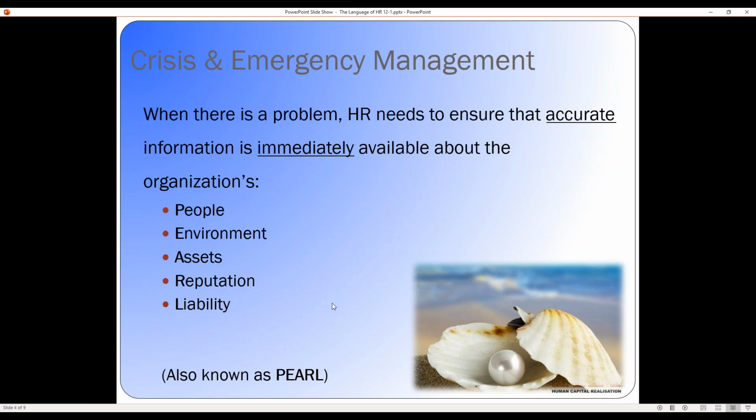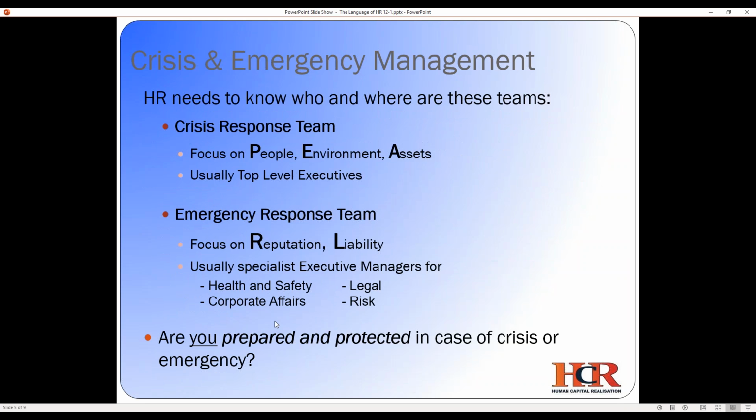The crucial thing is that the organisation needs to be prepared and have this information available beforehand, and have considered who the most appropriate people are to deal with any situation that involves any or all of these 5 components of the organisation. So the crisis team typically focus on people, the environment, and the assets.